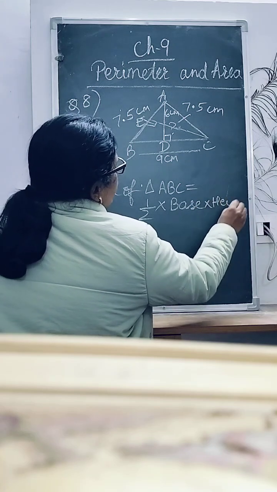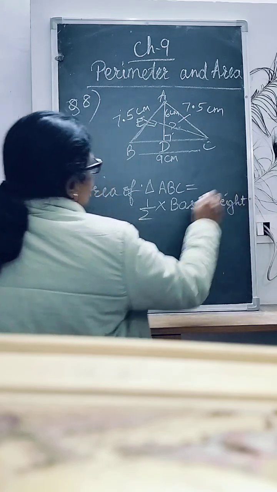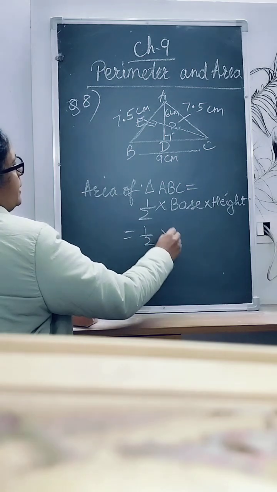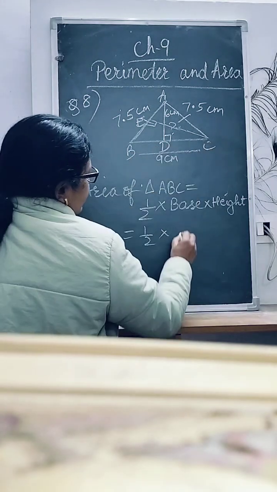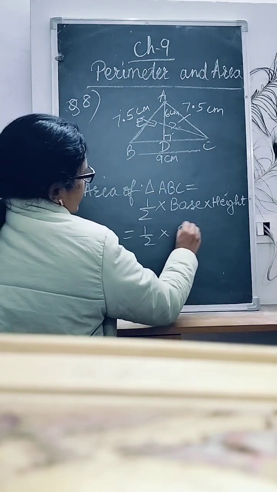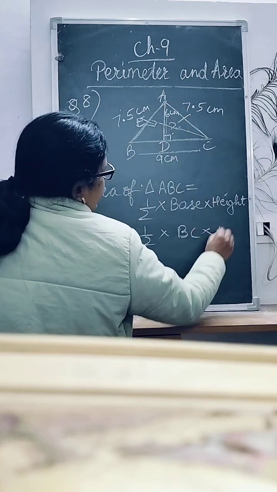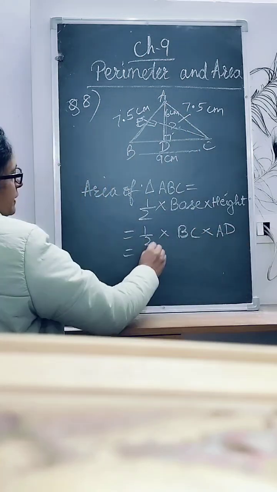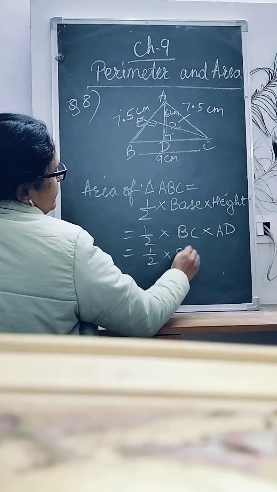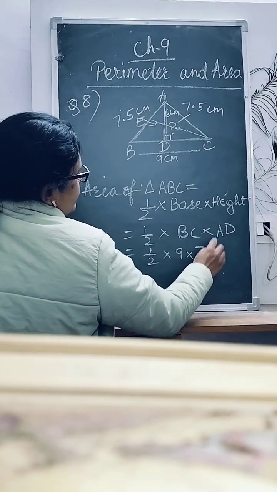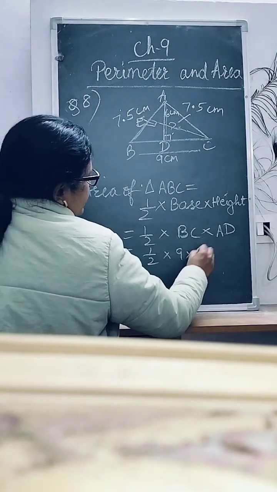So area of triangle becomes half into base into height. BC is your base, 9 centimeter, and the height AD is 6 centimeter.